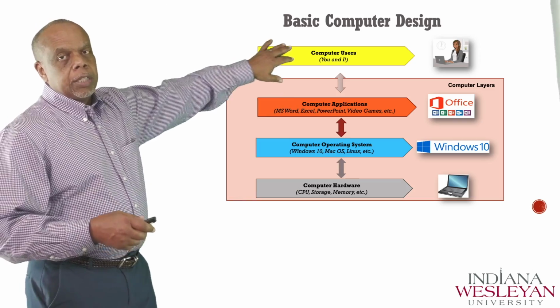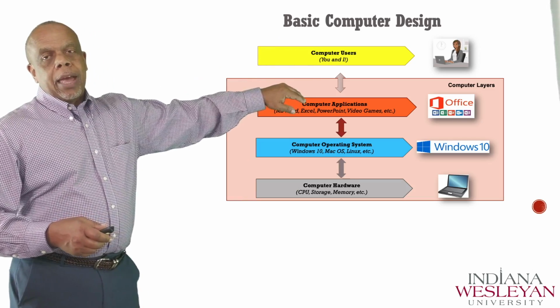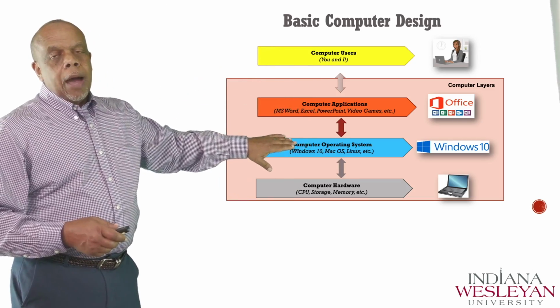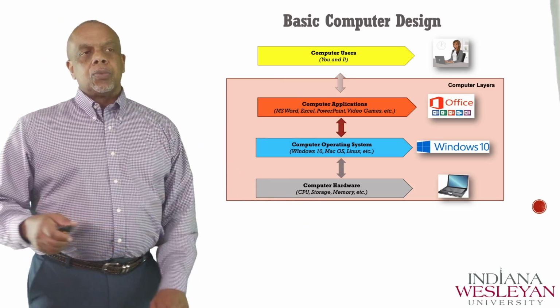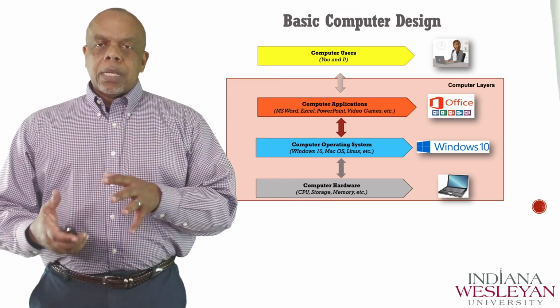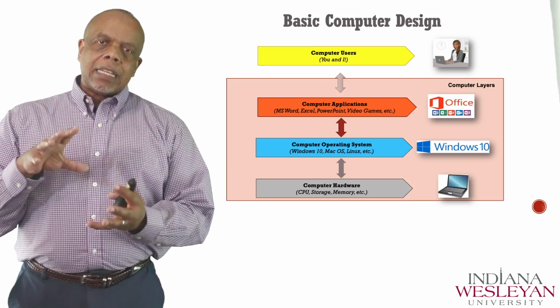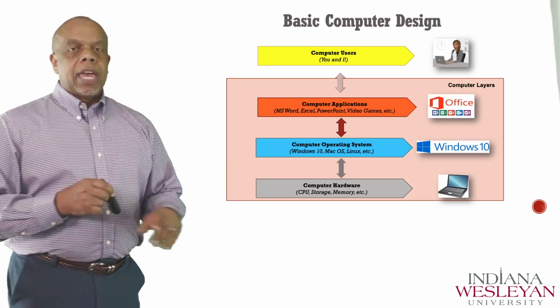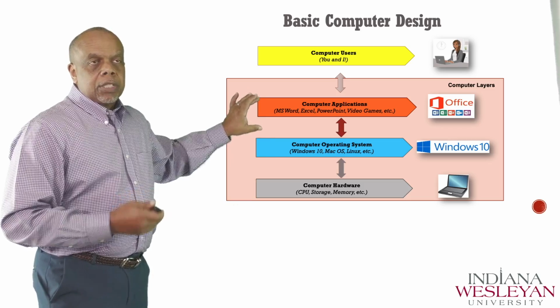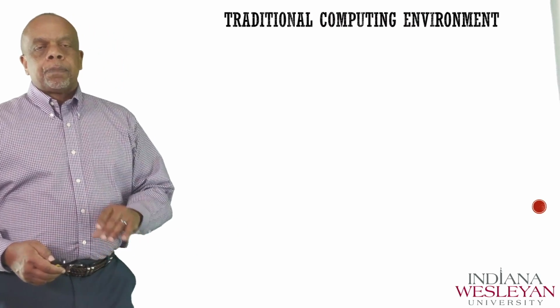And then of course us, the user, we interface with the applications that interface with the operating system that interfaces with the hardware. Now that's our basic computer model, and it's tightly coupled. What do we mean by that? That all of these layers are tightly coupled together.